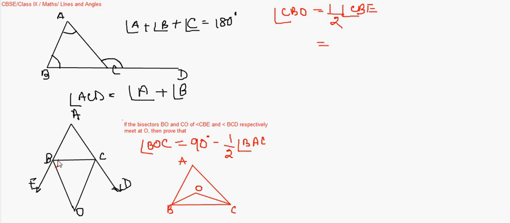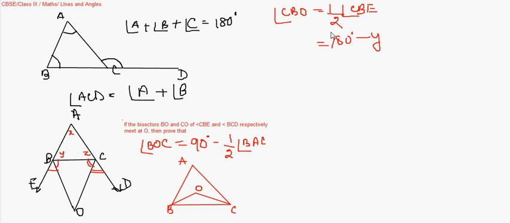This has been marked as Y, this as Z, and this also as X. These two angles will be equal for us. Let me mark the other two. Now how do you calculate angle CBE? Because ABE is a straight line, this whole is 180, and if this part is Y, we can write CBE as 180 minus Y.